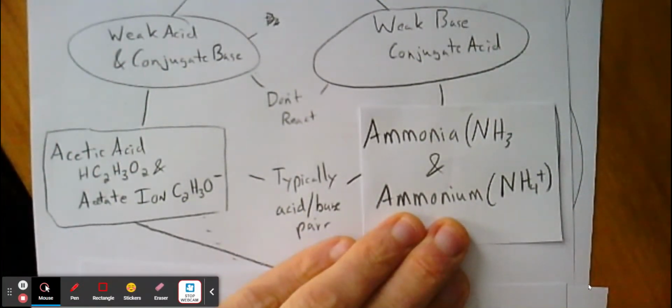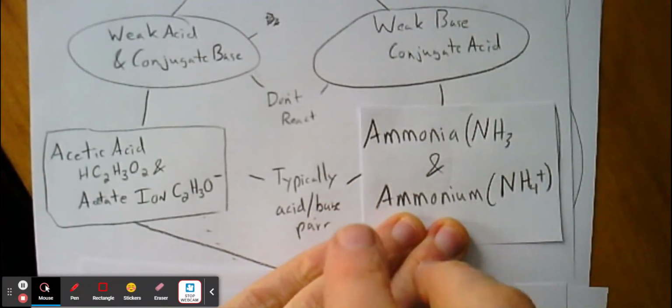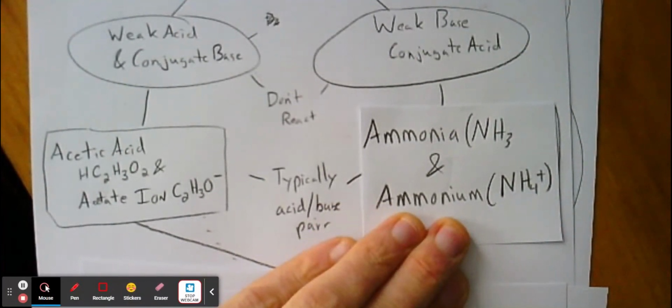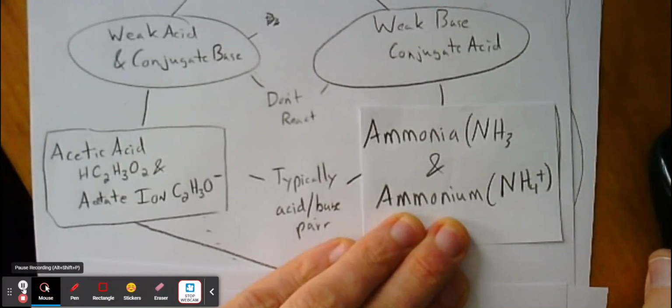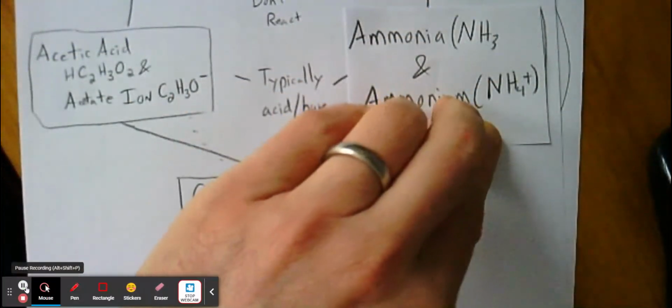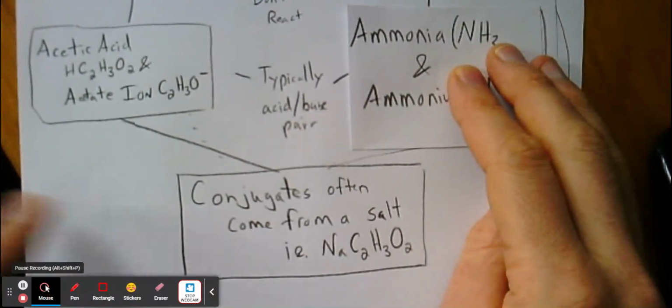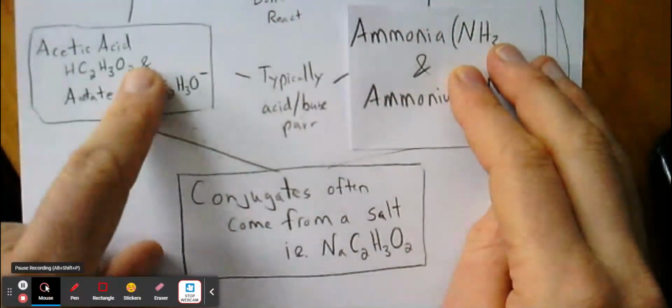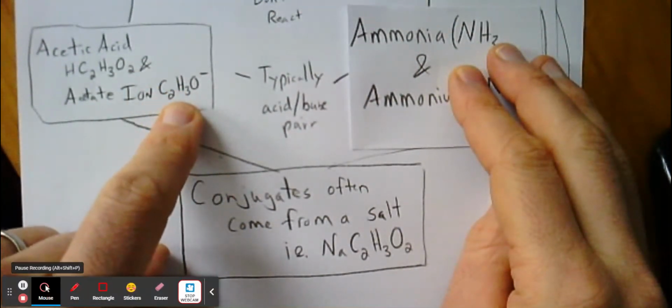And the reason you would do this is because conjugate base and acid pairs don't react with each other. They form an equilibrium. Now you can see what it says here. This acetate ion doesn't come out of nowhere.